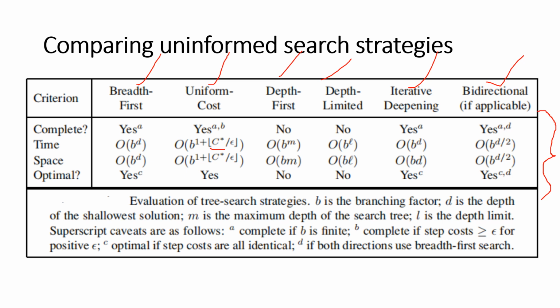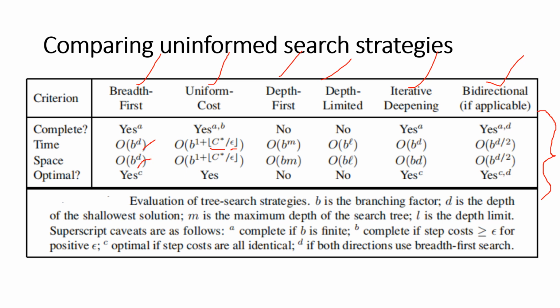We are considering epsilon also, that is the minimum step cost. In the case of breadth first search, the first property we consider is whether it is complete. Yes, if the branching factor is finite, then it is complete. Time complexity will be b to the power d, and space complexity is b to the power d.